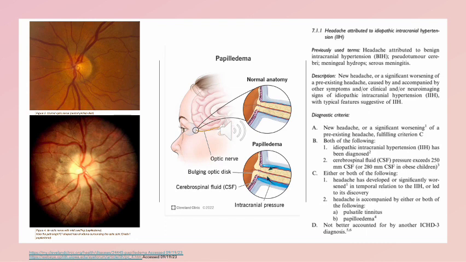So I've put in some pictures here, and you can see on the top left, this is a normal looking optic nerve, and then the bottom left is going to be papilledema. And you would have to have a special tool to look in the back of someone's eye and actually see this in real life. But in a question, they're just going to tell you that they have it.